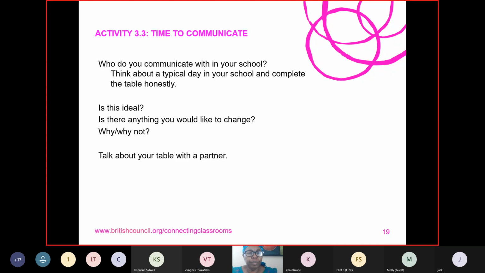Any hand up? There's one hand up. It's a number, so I don't know the name. Can you take the mic and speak?